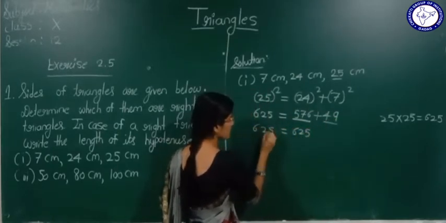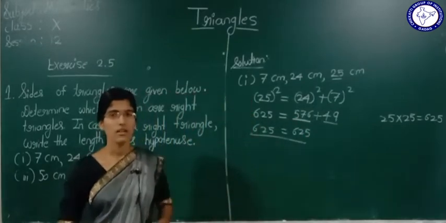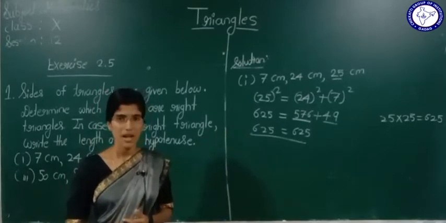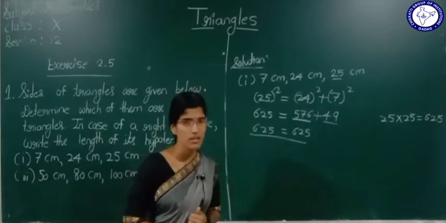So now here both answers are coming same. Definitely this satisfies the Pythagoras theorem, right? What can we tell, this is a right angle triangle.